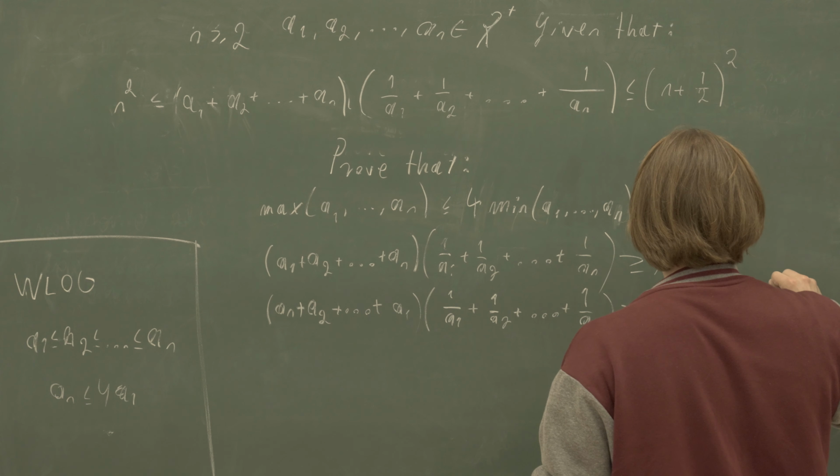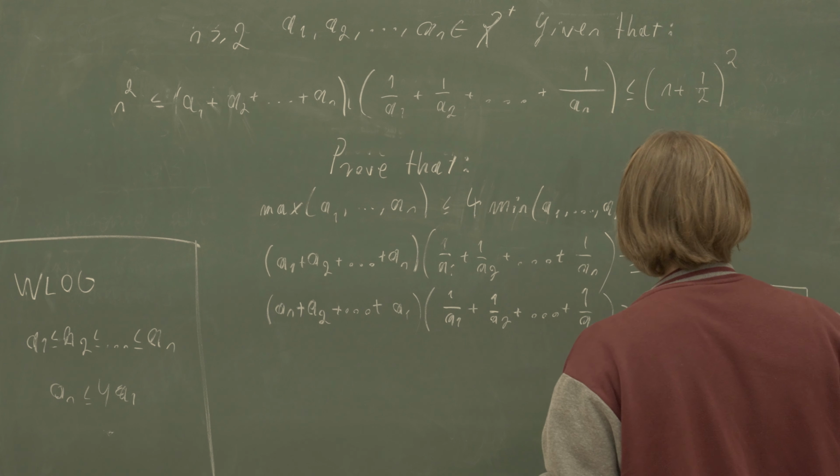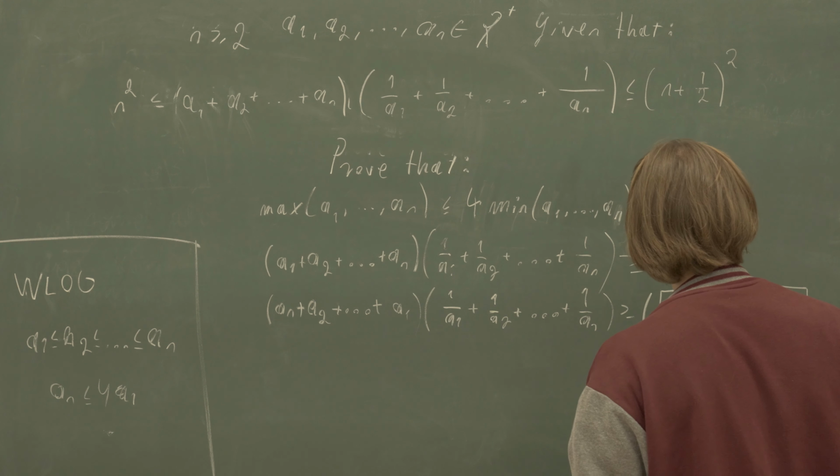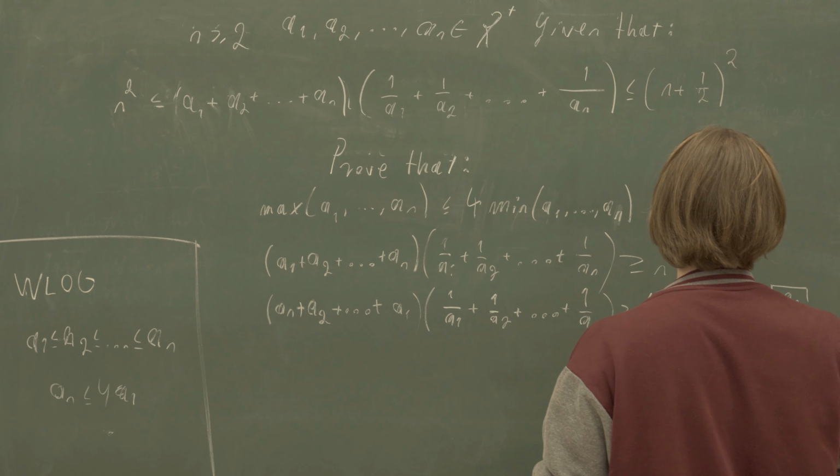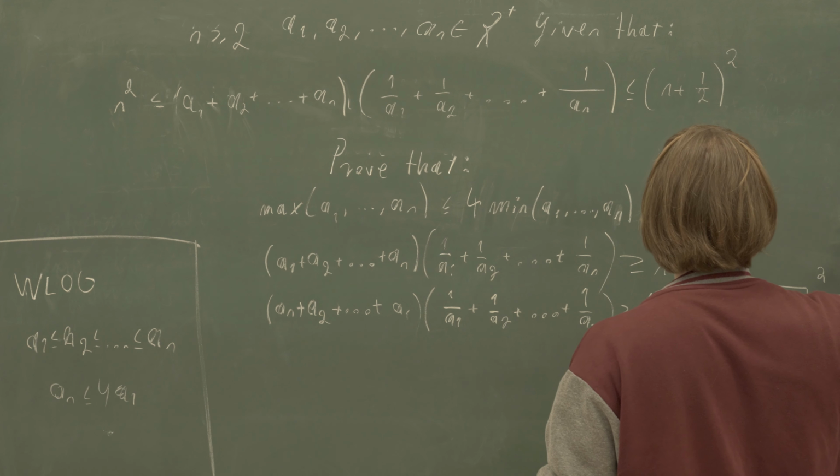And then the remaining square root of a1 multiplied by the reciprocal of an, and then I have to square all of it.